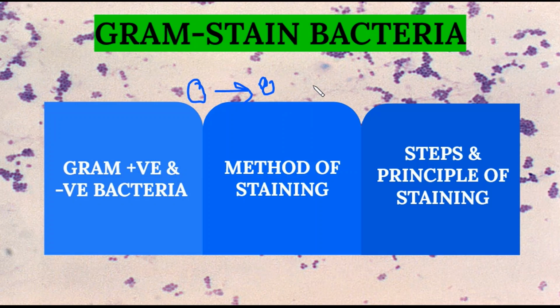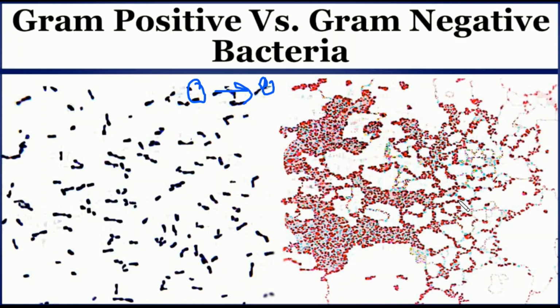That's why gram positive bacteria are stained purple by crystal violet and gram negative do not retain the purple stain, so they turn pink by safranin, as we add safranin in the 4th step. Got it? Let me show you the figure. As you can see here, the gram positive bacteria and gram negative bacteria. I hope it is clear to you all. If you have any doubts, you can ask me in the comment section.